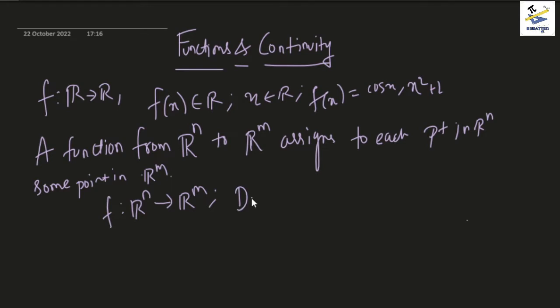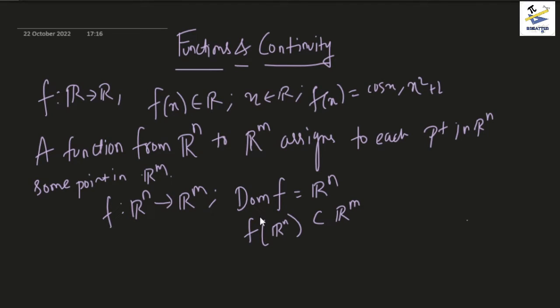This also means that the domain of f is basically R^n, and it also means that f of R^n is a subset of R^m, because it is not necessarily equal to R^m, but it is obviously a subset of R^m, because that's where the output goes. Now if f is one-one or injective, only then is f of R^n equal to R^m. Basically, sorry, if it is onto, and if it is bijective, obviously that is true.